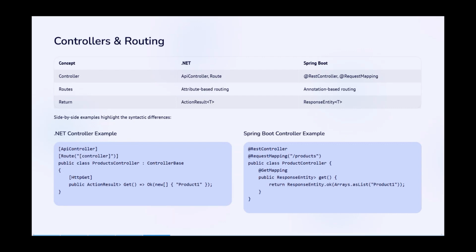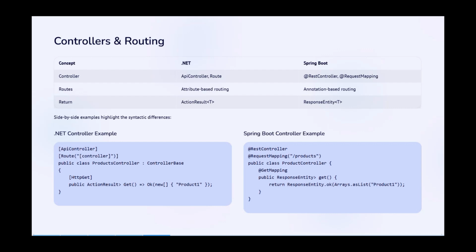When we are looking at controllers and routing, basically, apart from the syntax, everything seems similar. For example, in .NET, we are annotating the class with ApiController, but additionally we must also inherit the ControllerBase class.